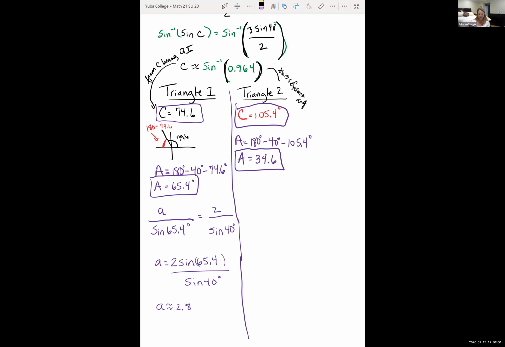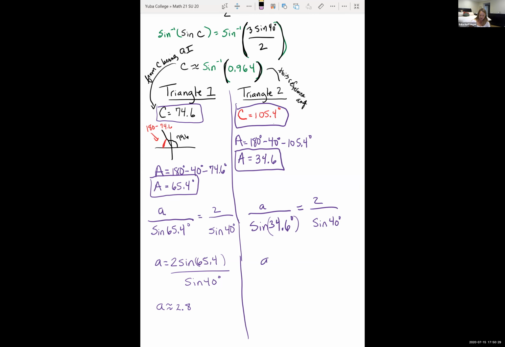So side A, if we use the angle 34.6 degrees, would give me side A all over sine of 34.6 degrees is equal to side B, which was 2 over sine of 40. To get A by itself, multiply both sides by sine of 34.6 degrees.